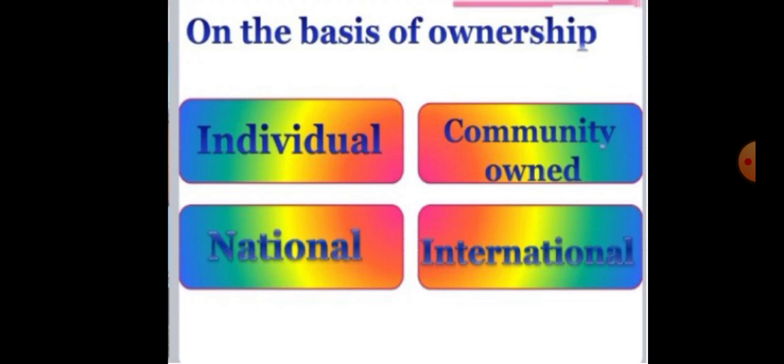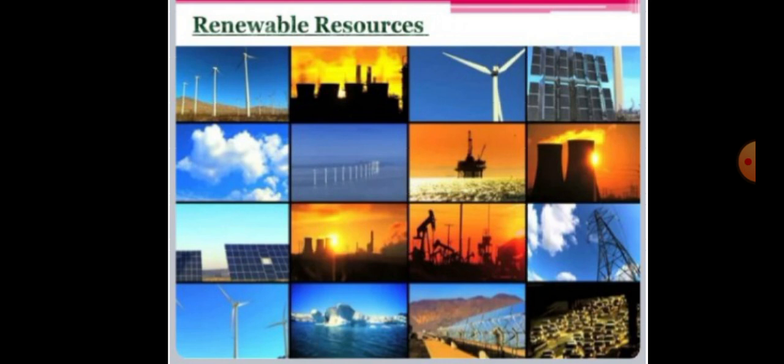Further, we classify resources on the basis of ownership: individual, community owned, national, international. These are all examples of those resources which can be reused, renewable.